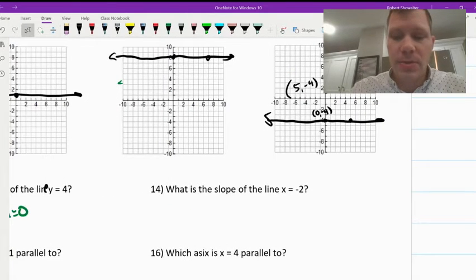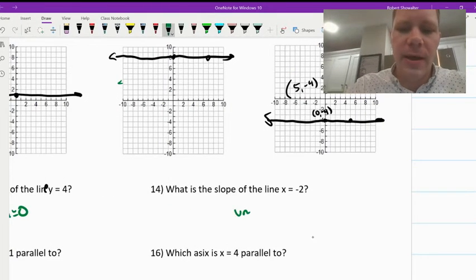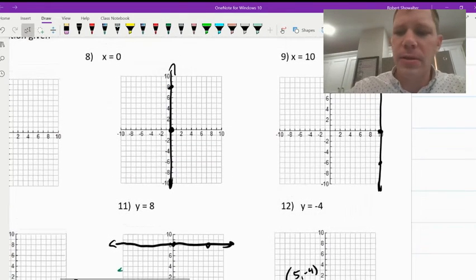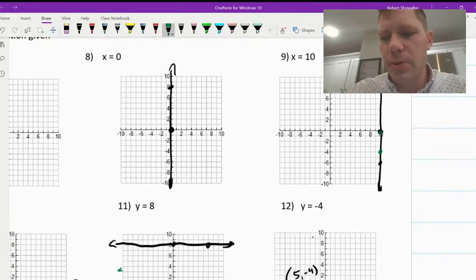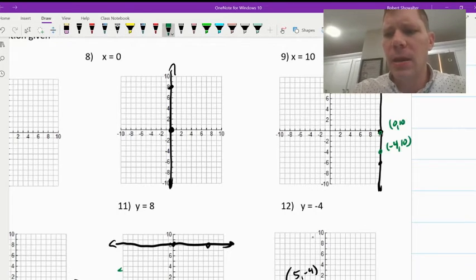The slope of an x equals line is actually going to be undefined. How do we know that? If I go here and let's just say this point and this point, we're doing the slope of that. So -4, 10, and 0, 10.